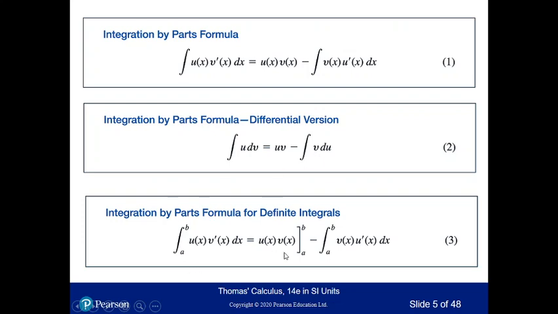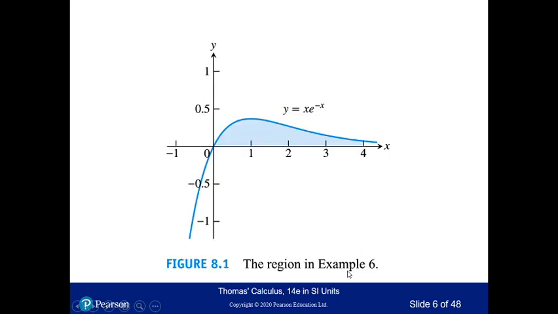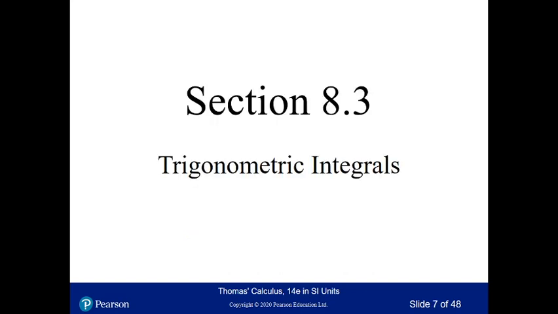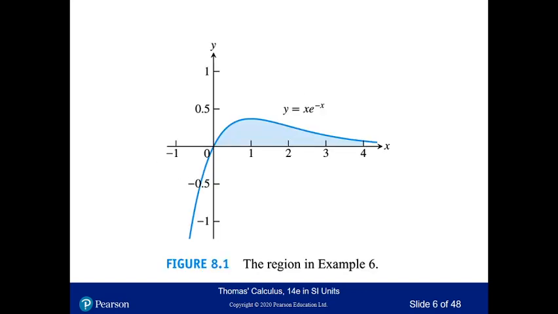For definite integrals, it's going to be the same. You just put limit points, and you have to evaluate here, and you have to evaluate here. This is integration by parts. Take the integral from 0 to 4 of x e to the negative x.